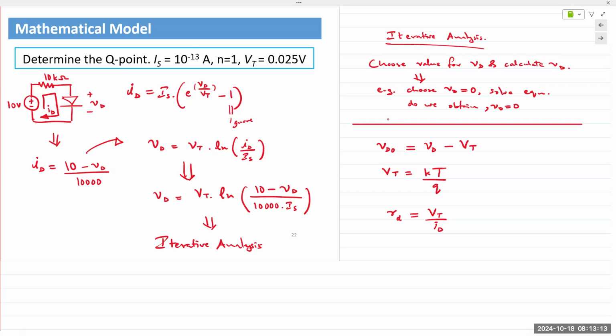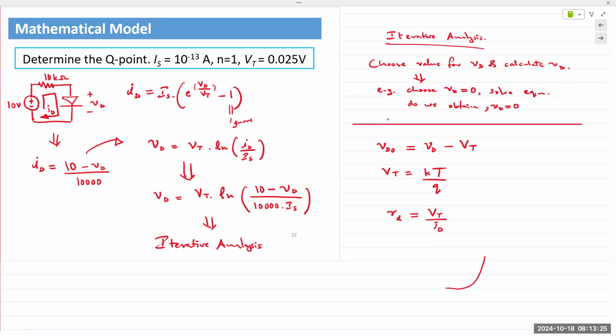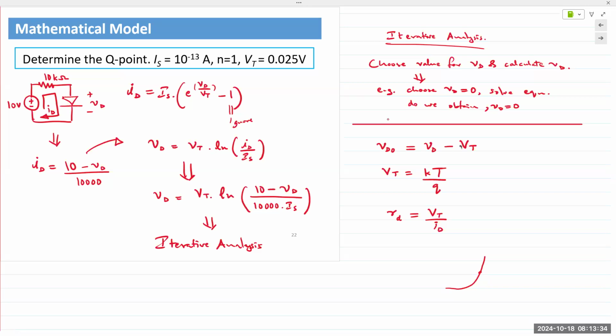So the theory is, let me explain it quick. The question is about RD. So the theory is basically that you have this diode characteristic, right? And the Q point may be anywhere along the characteristic. So wherever the Q point might be, we'll treat that as a linear portion of the diode characteristic.